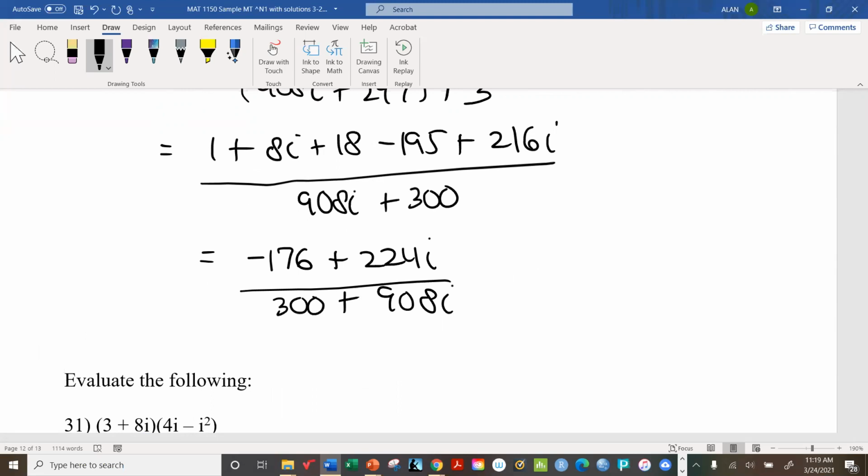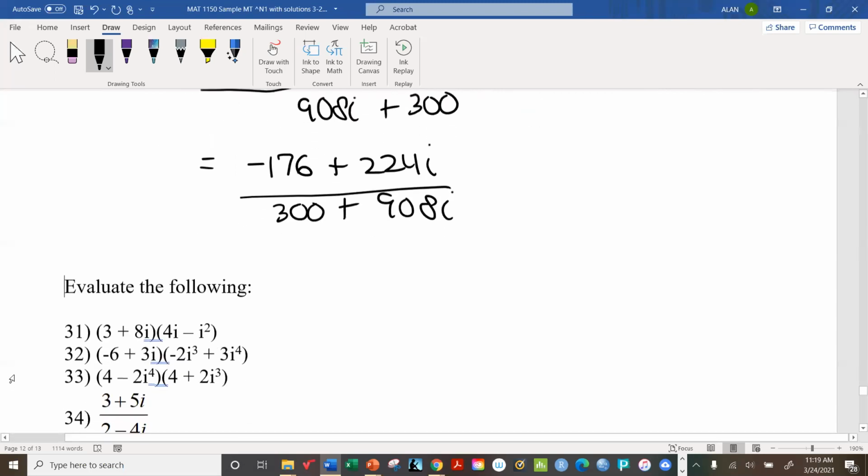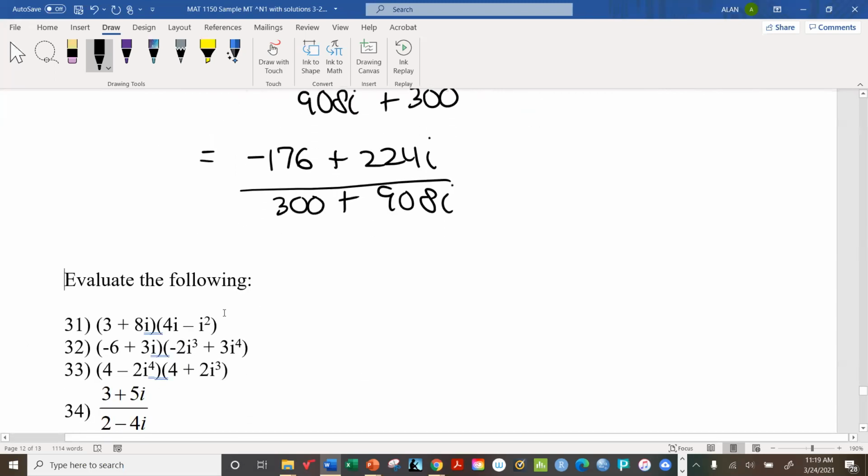All right. Well, now luckily the next couple are going to be more straightforward. For example, these are just FOILs.